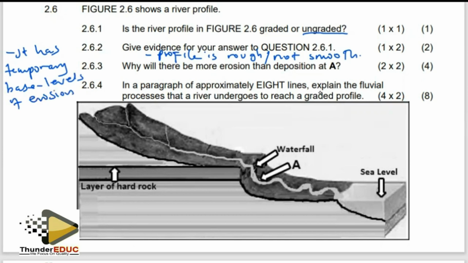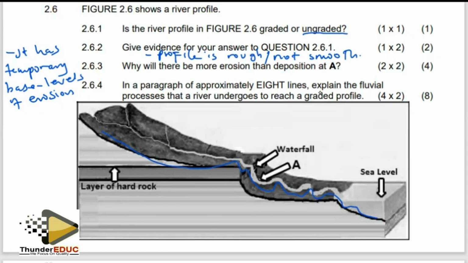It is the waterfalls and rapids. So you can see this profile is not smooth because you can see here there are waterfalls around this other point. So the profile is not smooth throughout. That's why we say it is typical of an ungraded profile.